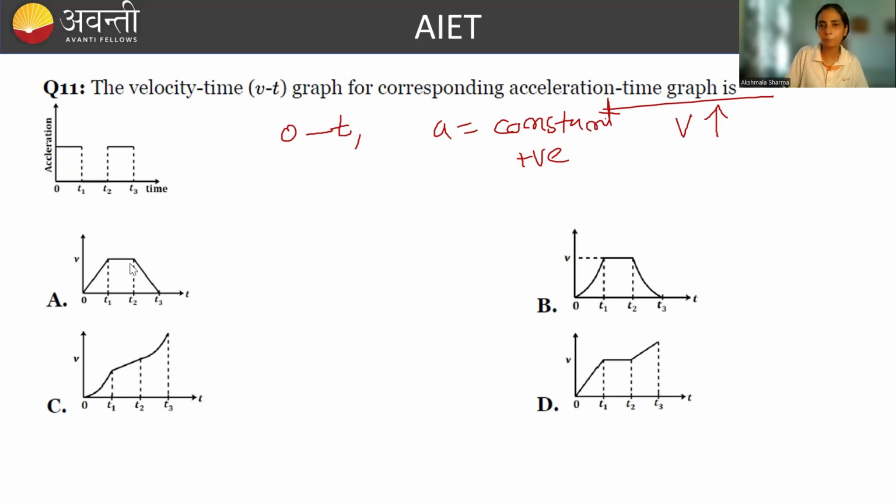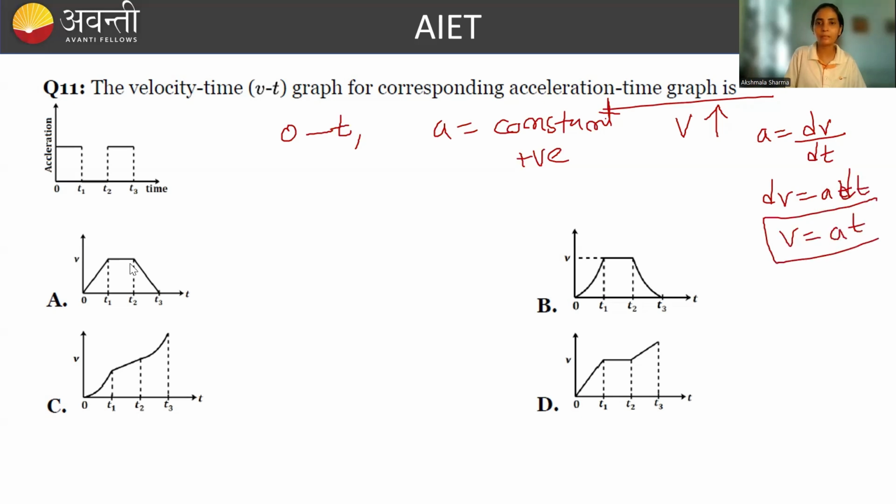Why? Because a is dv by dt. So if a is constant, it means dv equals a dt, so v equals at. So v is a linear function of time, and it will be positive because acceleration here is positive.